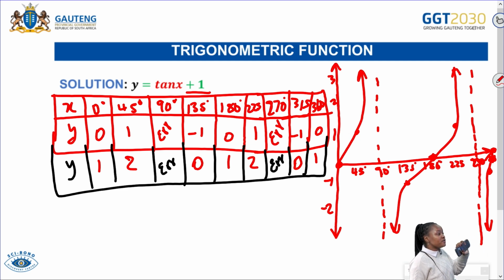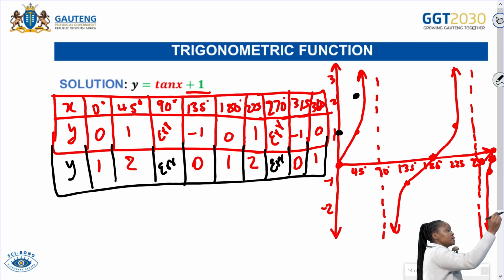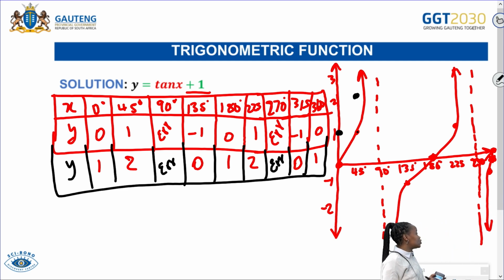So it's no longer going to start at 0, but it's going to start at 1. And then when x is 45, y is now going to be at 2. So this point here at 1, it's now at +2. And 90 is still your asymptote.